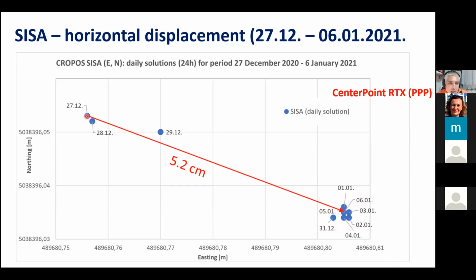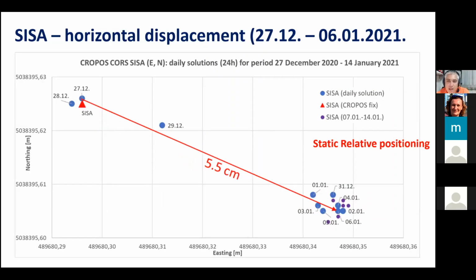So from the beginning of the time frame to the end of the time frame, we have a displacement of 5.2 centimeters. So that was something expected, since the earthquake was very strong, and the station is 15 kilometers away from the epicenter.